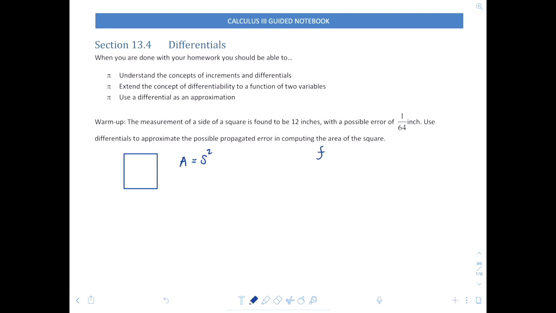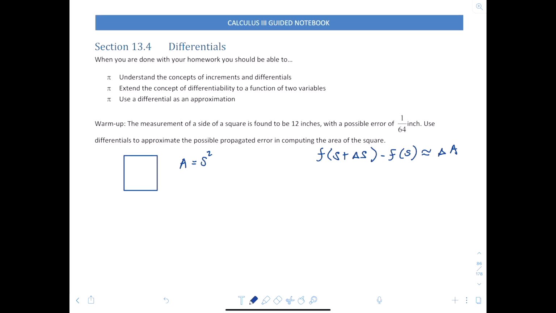So we have our function at s plus delta s minus our function evaluated at s is approximately equal to delta A. So that delta A is the propagated error. And then S itself is going to be the measured value.